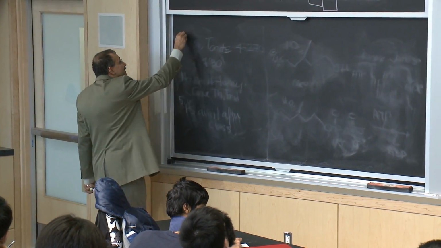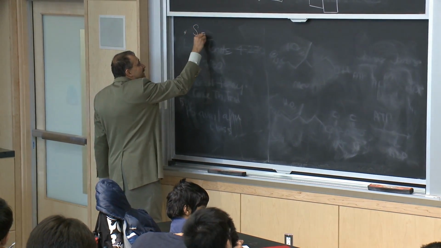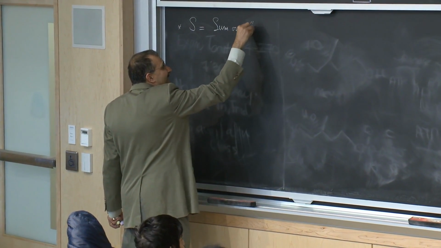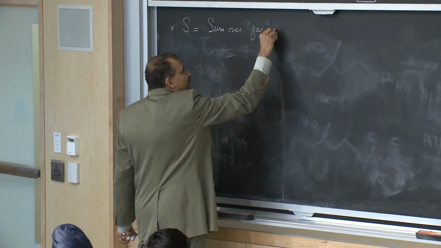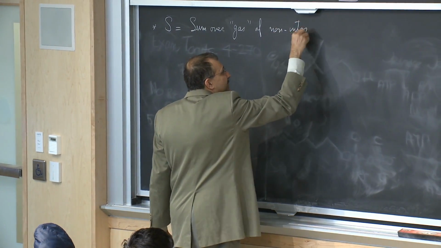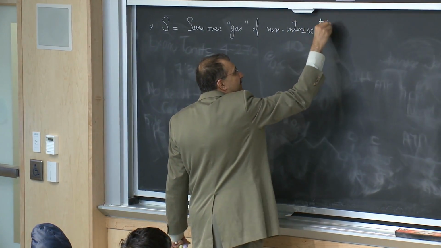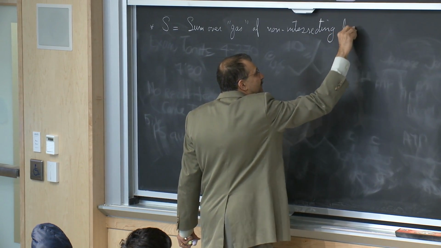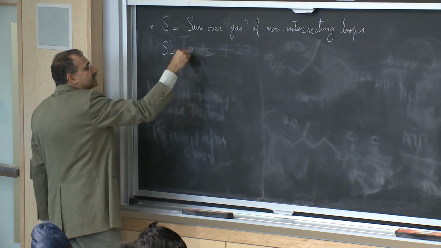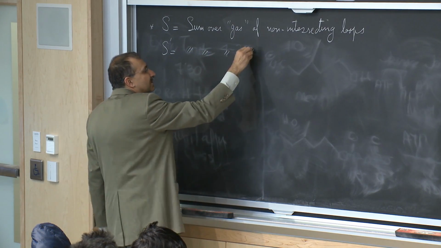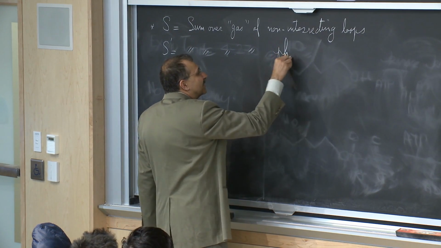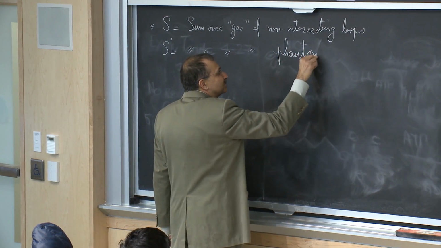So very naively, S is a sum over, if you like, a gas of non-intersecting loops. Whereas S prime is a sum over a gas of what I could call phantom loops. They're kind of like ghosts. They can go through each other.